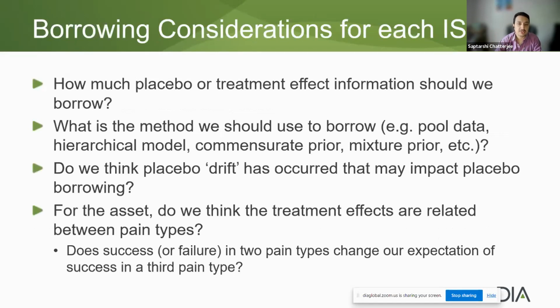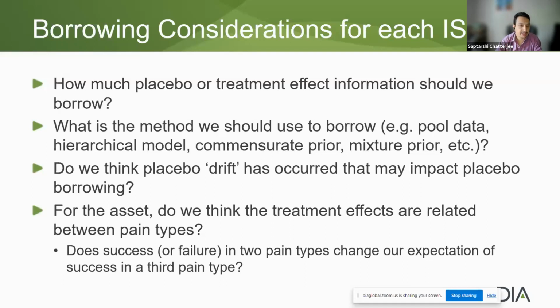Now, some of the considerations that we had for each ISA. One question that we frequently get is, once we have a historical or previous ISA, or maybe another DSA, that is complete, how much placebo or treatment information should we borrow? How much is good, how much is bad?